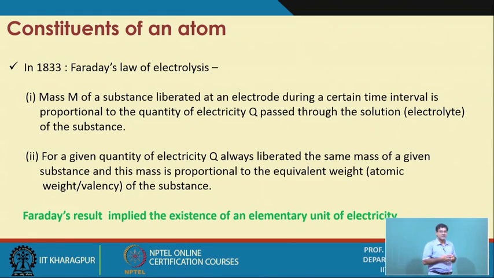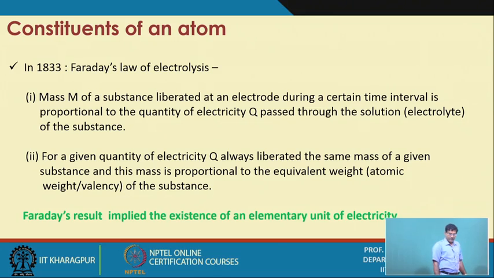So how were they discovered? For that, first there are Faraday's laws of electrolysis, the first laws which tell about the existence of electricity or charge. At that time it was not called charge, it was called electricity.